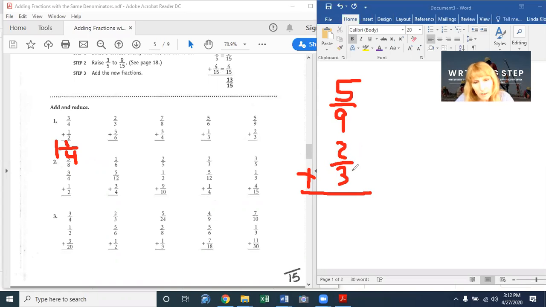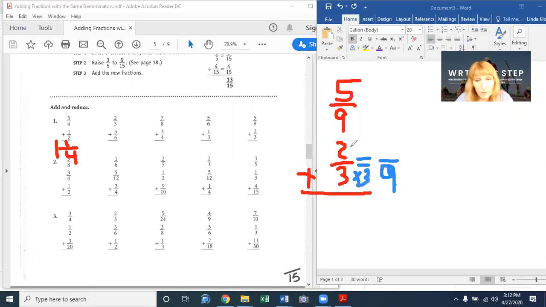I happen to see that 3 will work with a 9, so I'm going to change my bottom numbers to 9ths. So I'm going to put a 9 there. This will be a 9. Does it look like a 9? It's a better 9. What do I have to multiply 3 by to get to 9? 3 times 3, right.